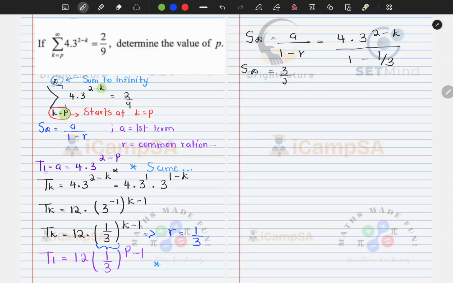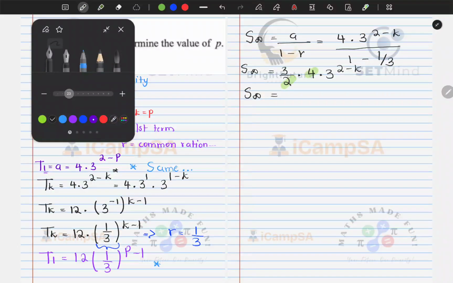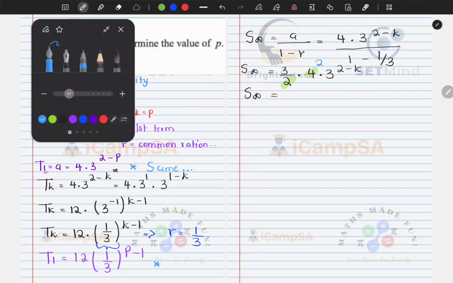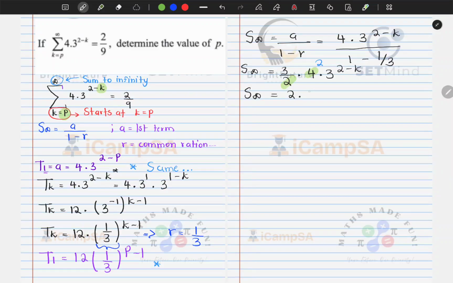So we'll have 3 over 2 multiplying 4, multiplying 3 to the power of 2 minus k. Some terms cancel: the 2 will cancel with one of the 2's in the 4, leaving 2, and the 3 will multiply in, giving us 2 times 3 to the power of 3 minus k. That is what we have as our sum to infinity.